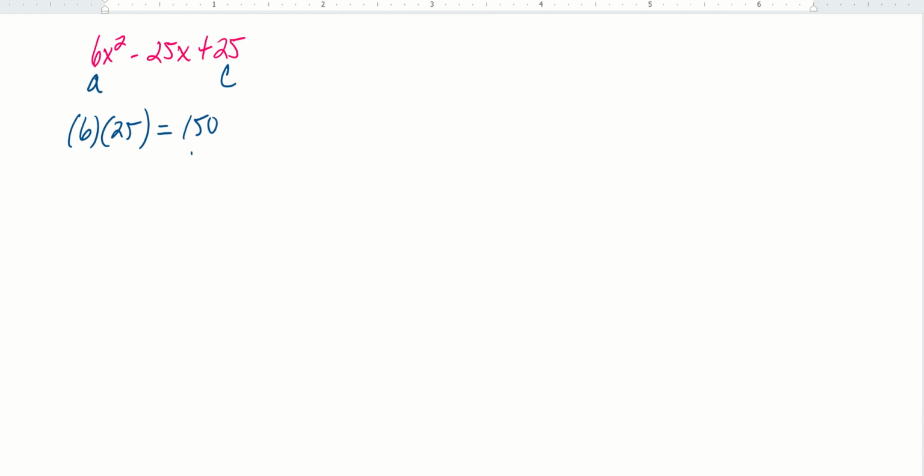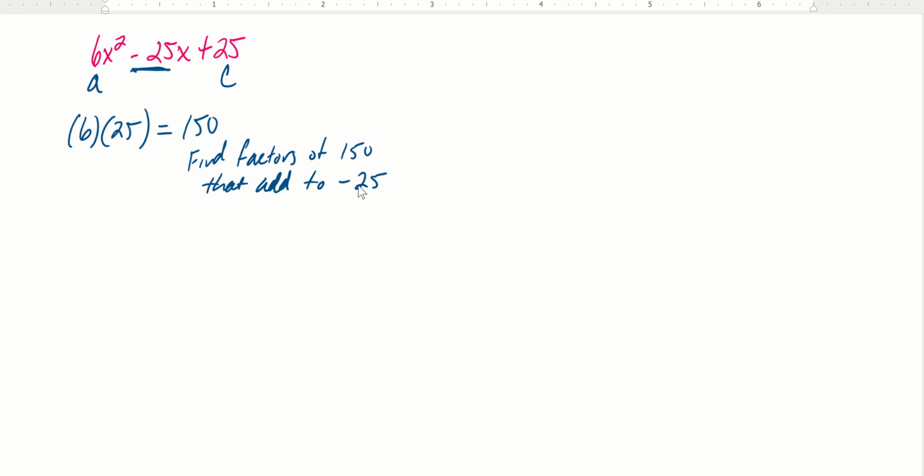Next, we need to find factors of 150 that add to the middle term, which is negative 25. All right, so we are finding what multiplies to 150 and adds to negative 25.